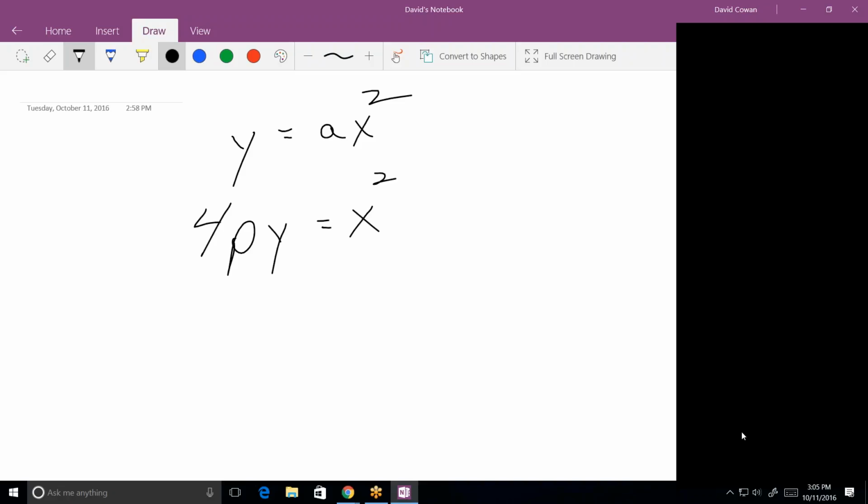Can you tell me, does this second one look familiar to you? Okay, good. I was 90% sure that Chatfield taught this format here. Well, I use them both often. All this means is that A is equal to 1 over 4P, or if you like, P is equal to 1 over 4A.